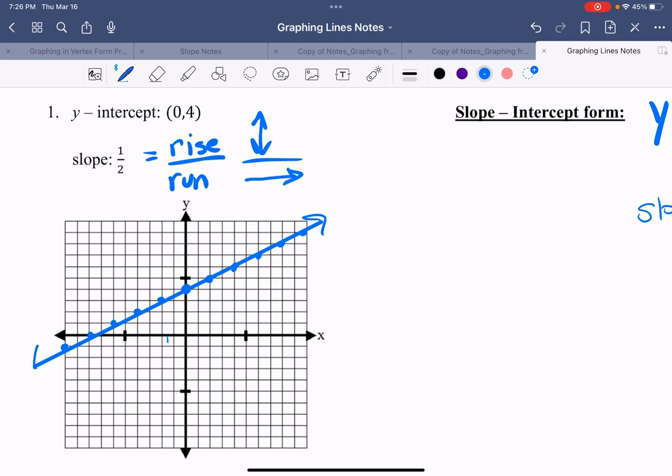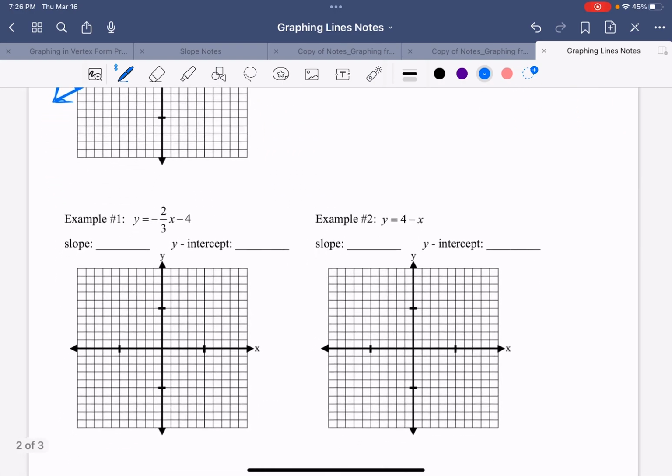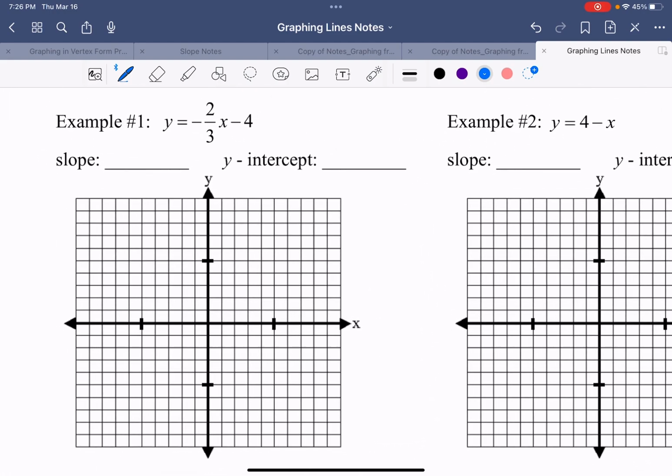This is our line right here. All right, let's try example number 1 here. All right, our slope is what? -2/3, and our y-intercept, well, I don't know what our y-intercept is, right?